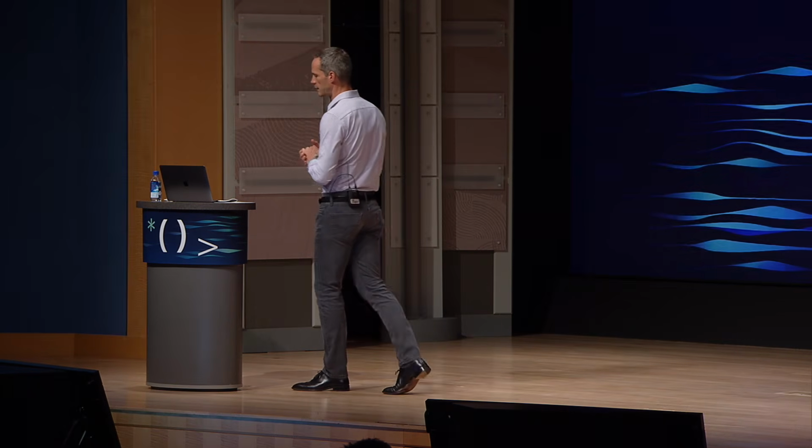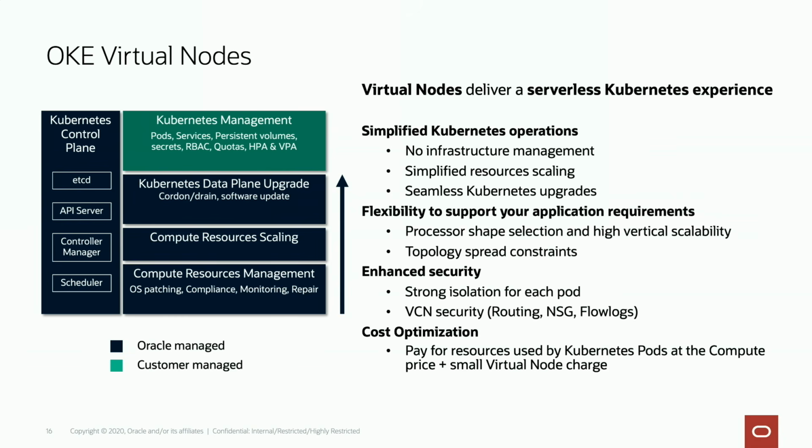The way you deploy your application through the Kubernetes API, the way you set security between pods. All of this is still your responsibility, but everything else that has more to do with the infrastructure is managed by Oracle.